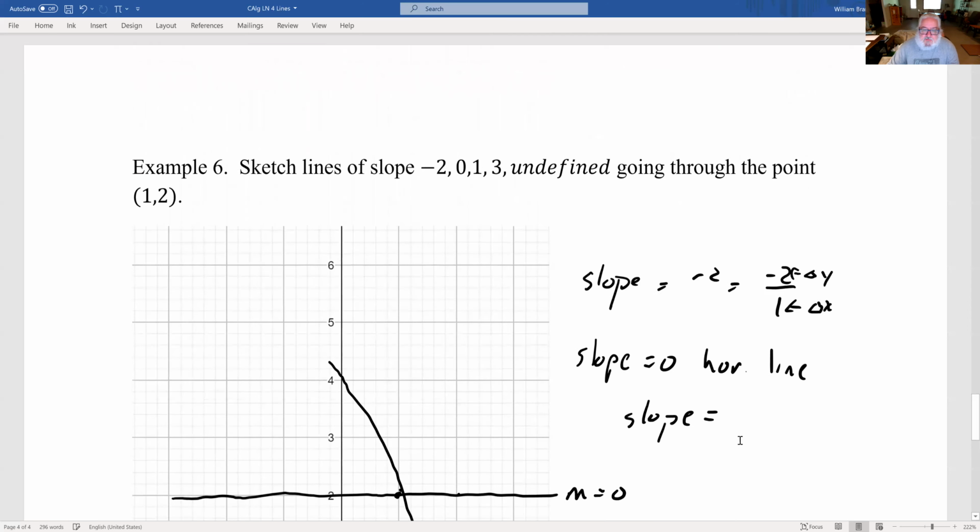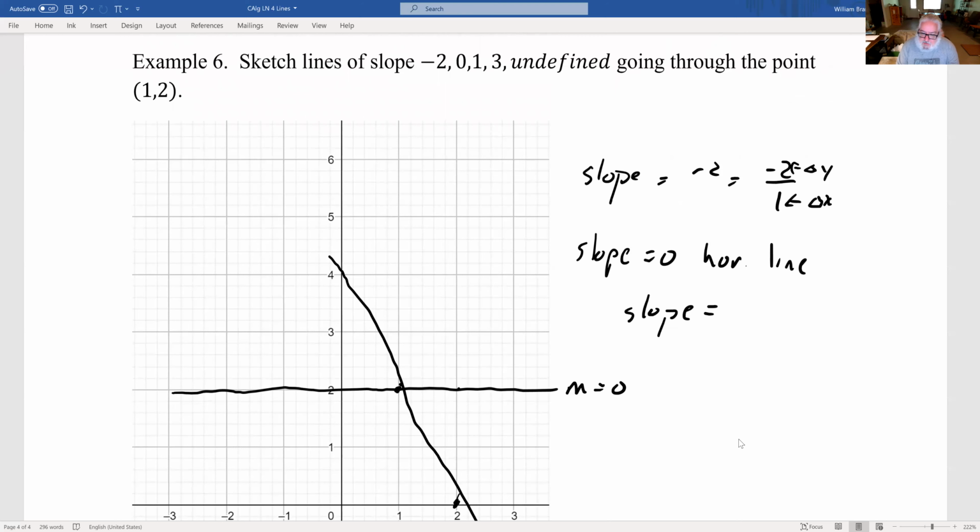What's the next slope? Slope equals 1. And again, you can write that as a fraction. Change in y over change in x. Every 1 unit to the right, we go up 1 unit. So if we go 1 unit to the right, we go up 1 unit, and that gives us this slope. Slope equals 3, right? Remember that 3 equals 3 over 1.